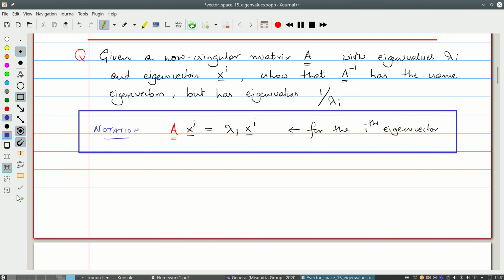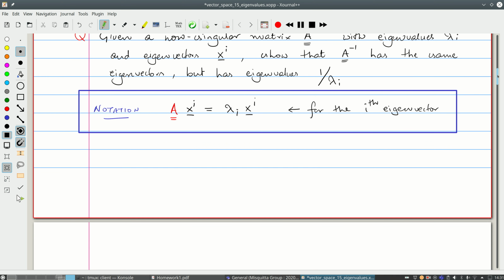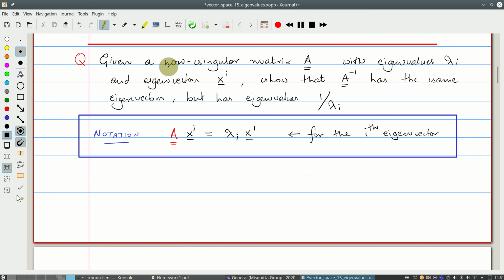Right, so let's come back to this problem now. All right, so what we do know is that A is non-singular. Now what non-singular means, just to remind you, is that the determinant of A is not equal to 0, therefore A has an inverse. So that's one of the important bits.